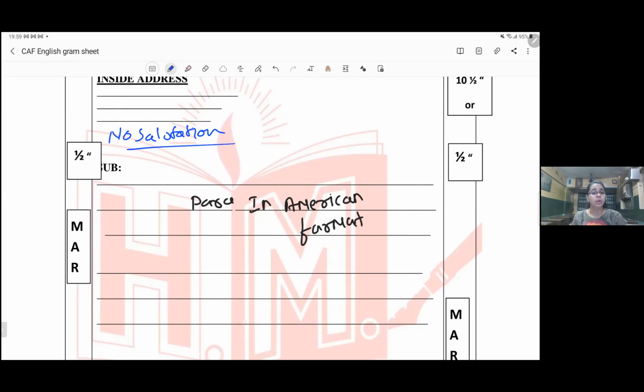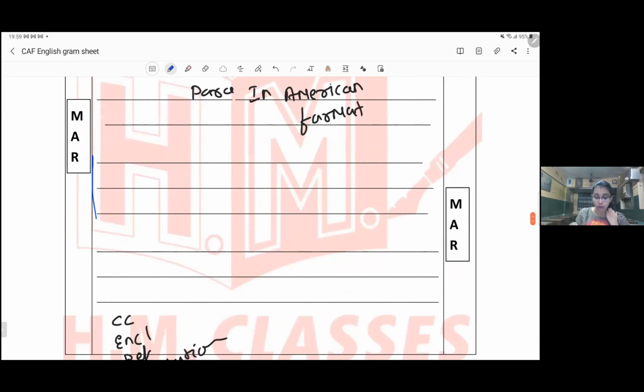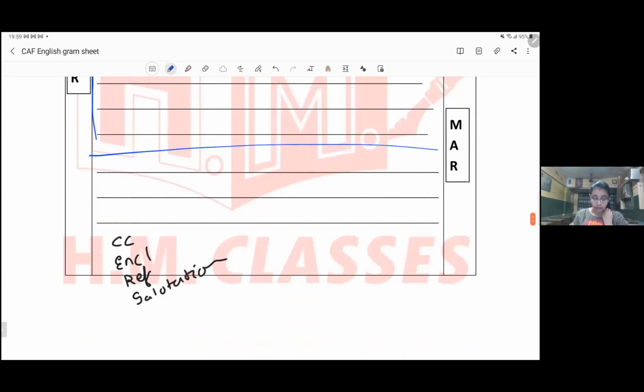Paragraphs in American format, you have to write in one line. See this, you all are just going to leave one line. Here, complimentary clause, enclosure, reference, salutation, nothing will come. Clear?